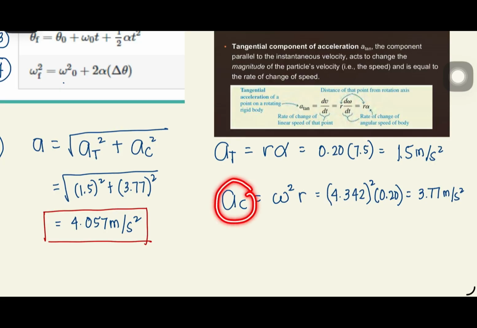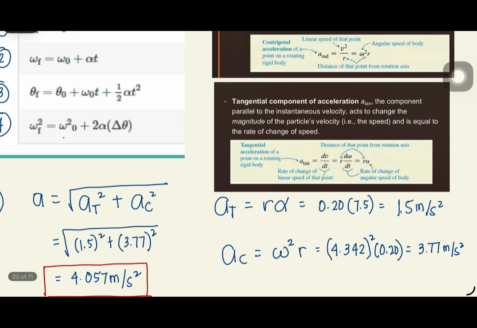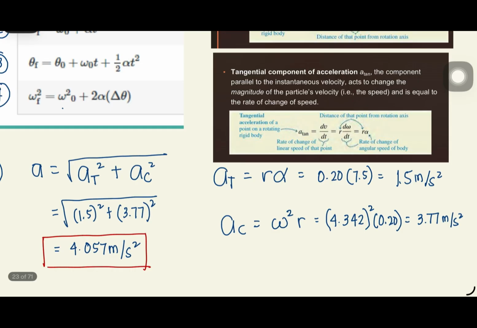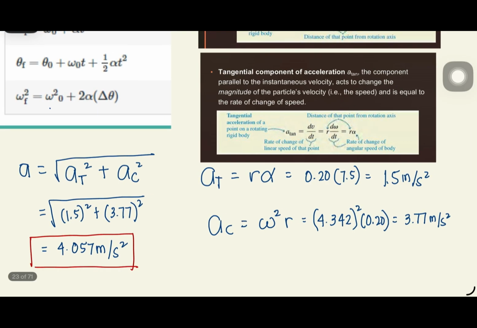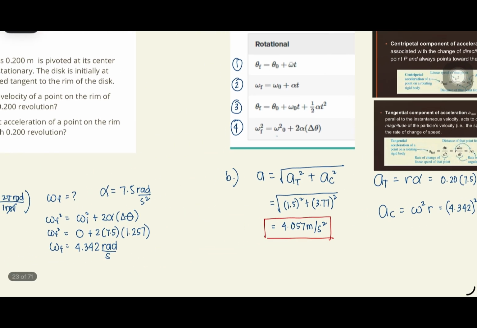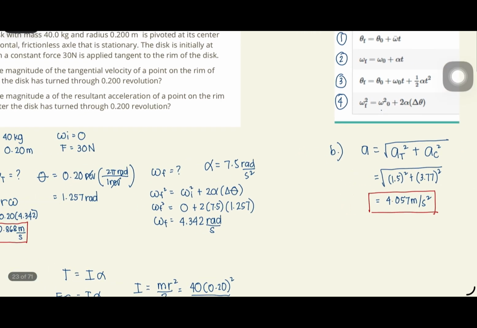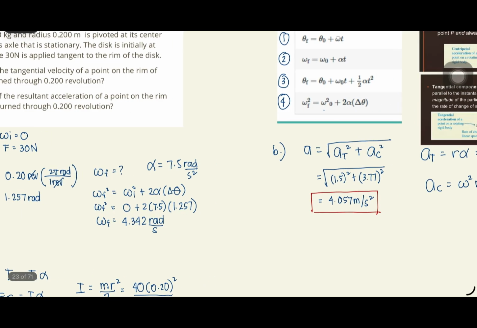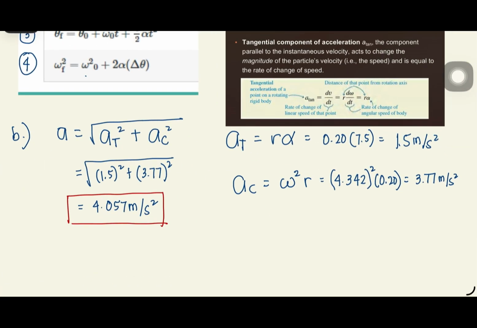For the centripetal or radial acceleration, yung equation po natin is ito, omega squared times the radius. Yung omega, nakuha natin dito sa rotational kinematic natin, 4.342 rad per second, squared times the radius 0.20 equals to 3.77 meter per second squared.